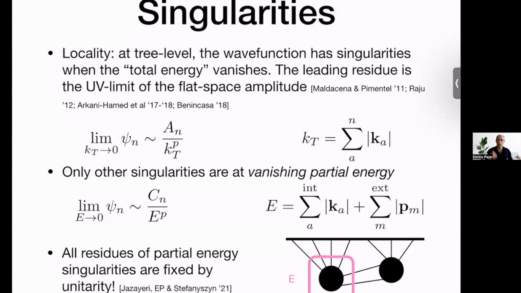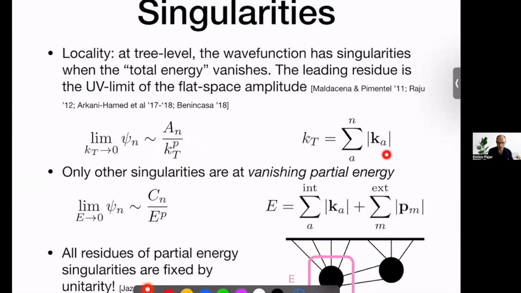Okay, so for local theories, this is the structure of singularities at tree level. It's well established by now. There can only be one type of singularity. It is when the sum of some energies goes to 0, where by energy I mean the norm of the momenta. If you take the sum of all the energies of external fields, I'm going to call that a total energy singularity.